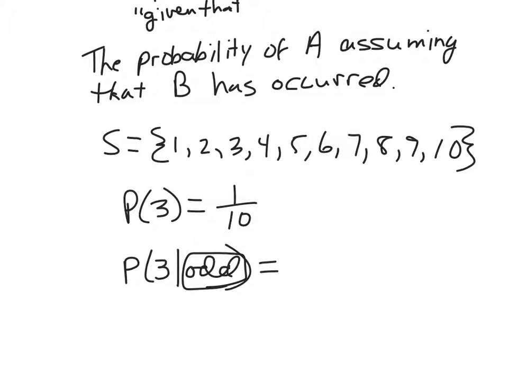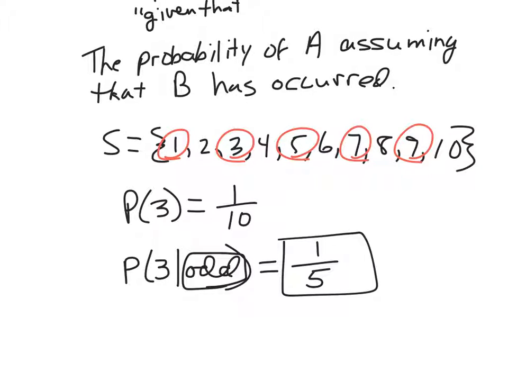In this case, it would limit our sample space to 1, 3, 5, 7, and 9, because we assume that the second thing has occurred. So if we limit our sample space to those 5 numbers, then there's only 5 things that can occur, and now the probability of getting a 3 out of those 5 would just be 1 out of 5. So a conditional probability limits the sample space.